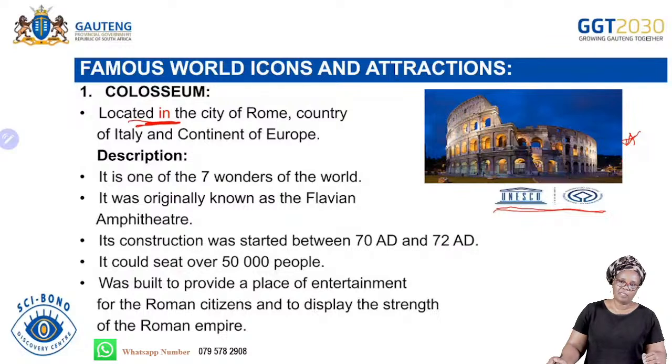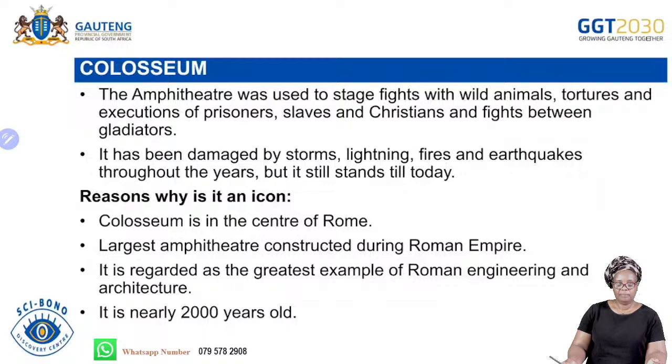Remember, we said that it is located where? In the city of Rome. So it was for the citizens of Rome, and it was used to display the strength of the Roman Empire. This icon was used to display the strength of the Roman Empire. Like I said before, it was for entertainment.